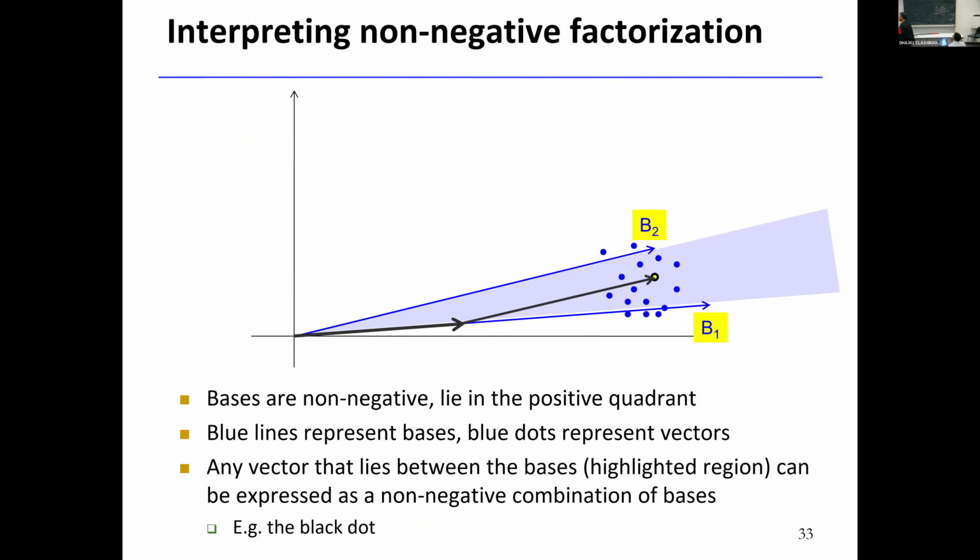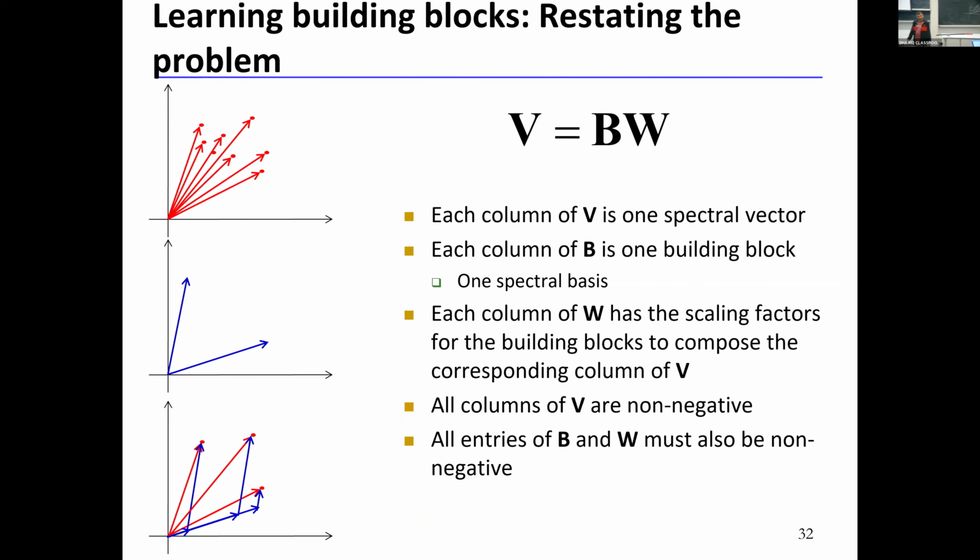Okay? Now, if I were to want to write this whole thing in algebraic form, I can put all of my data vectors as a matrix V, all of my bases as a matrix B, and all of my weights as a matrix W. So these would be my vectors V. These are going to be my bases.